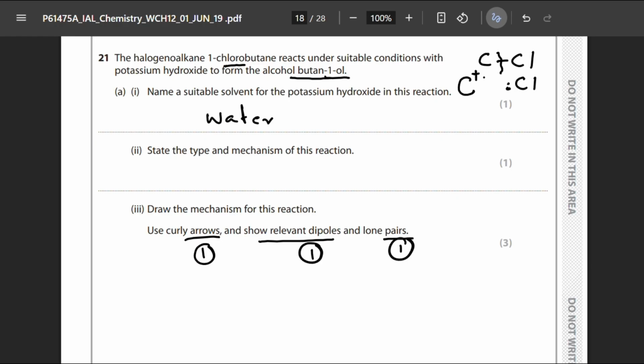So this positive carbon will be attracted by the lone pair of electrons on the oxygen atom. So oxygen acts as a nucleophile. So this reaction is nucleophilic substitution. Now we need to show its mechanism.